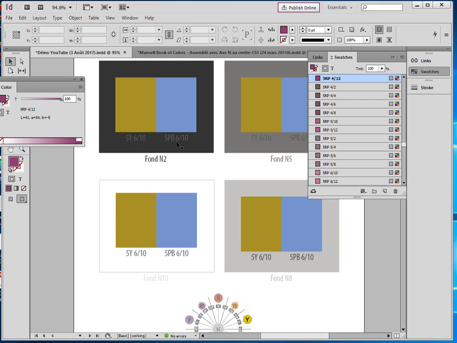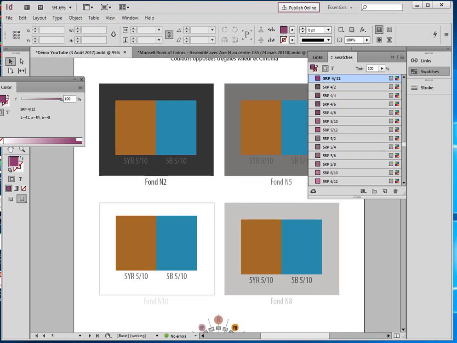They're both the value of 6, and they're both with a chroma of 10. It is very easy to make these experiments with the computer because all the color palette is here. You just have to pick and drag a color on top to change it, and it's very easy within design. Or you can select an object and just give it a different swatch in the swatch palette. See, it's very interesting.